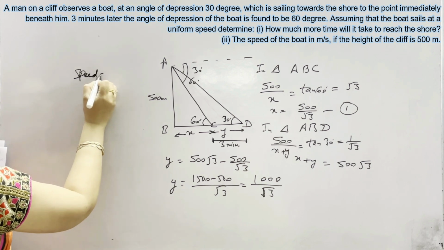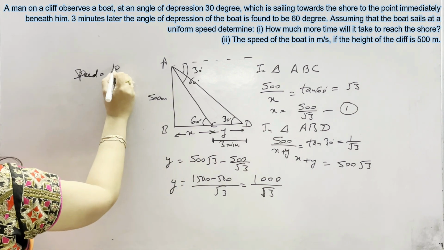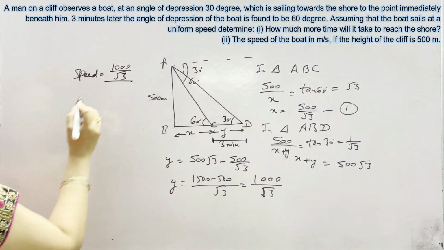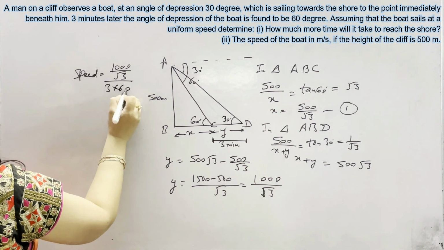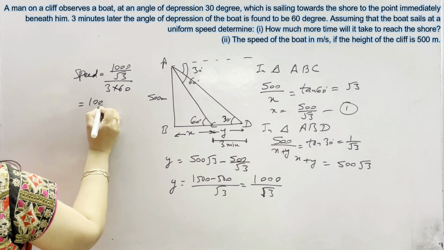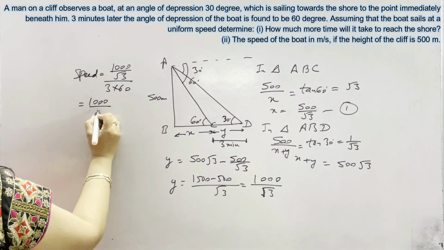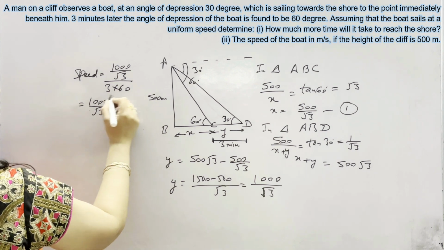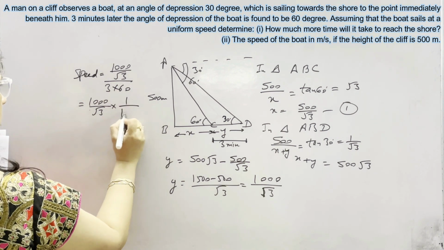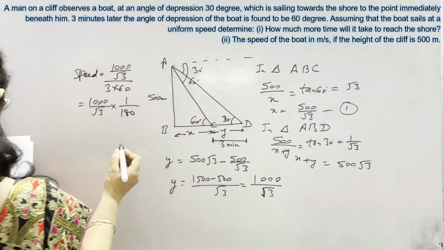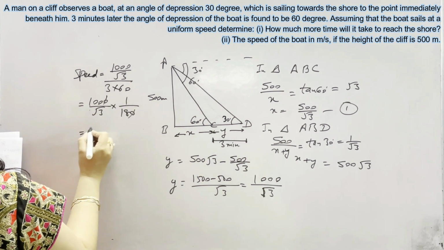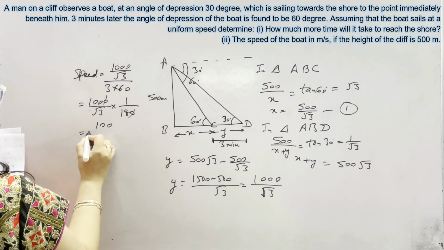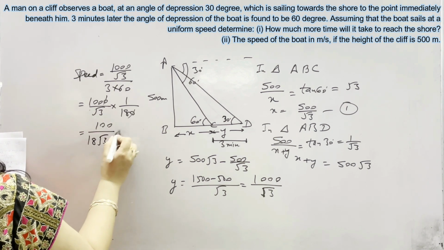Speed is equal to distance upon time. Distance is 1000 upon under root 3 and time it is given as 3 minutes. So 3 into 60. So 1000 upon under root 3 into 180. 1 upon 180. So after cancelling these zeros, value comes out to be 100 upon 18 under root 3.